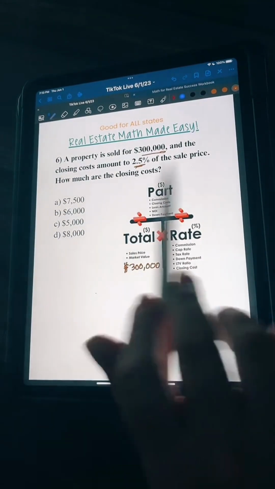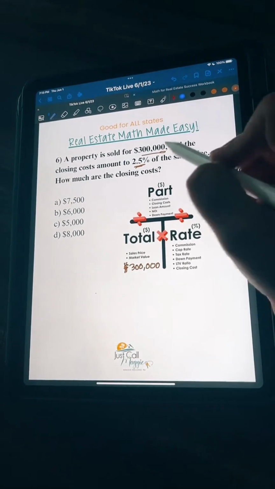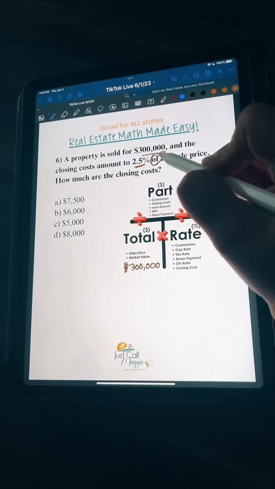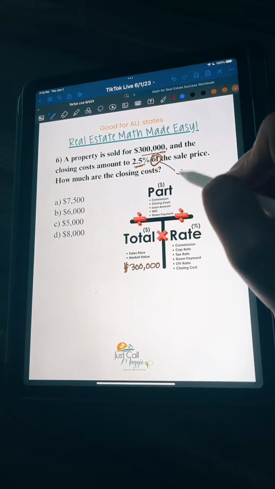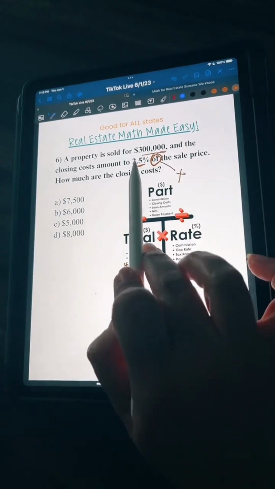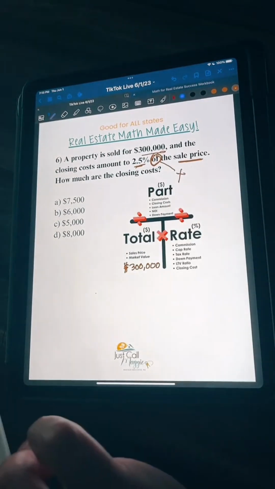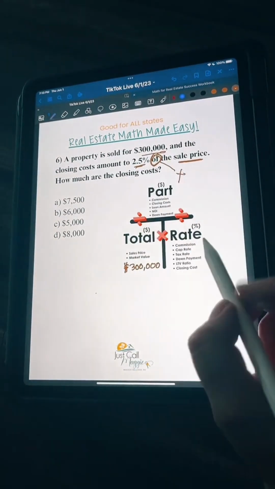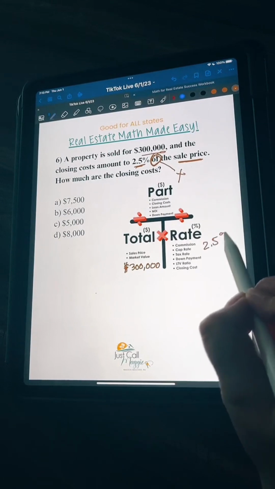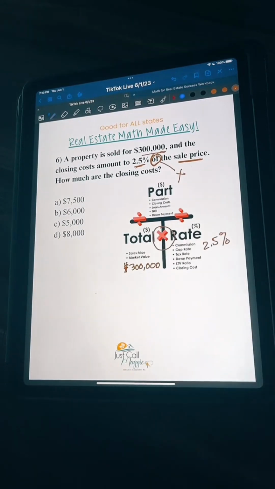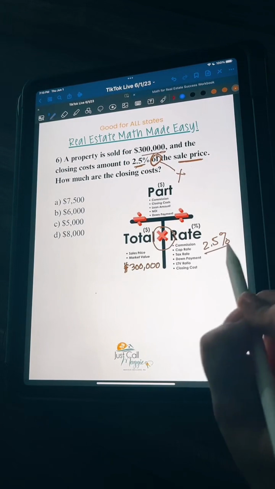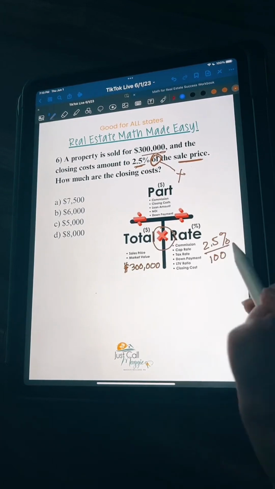You guys, if you don't understand the T-chart, remember this keyword right here: "of" means to multiply. So it would be 2.5 times the sales price. So we're going to put 2.5 here, and obviously we're multiplying. But remember, we have to change this to a decimal, so we divide by 100.